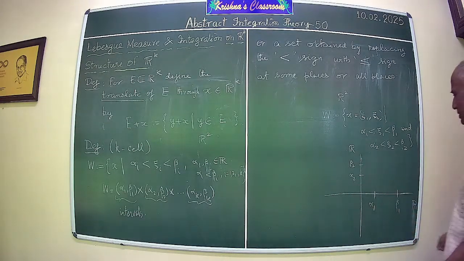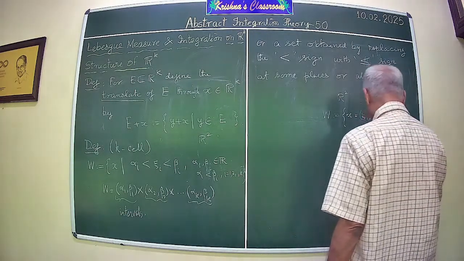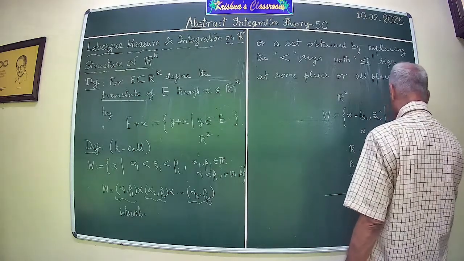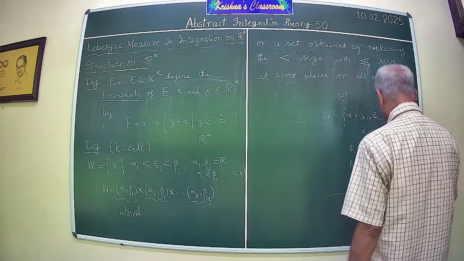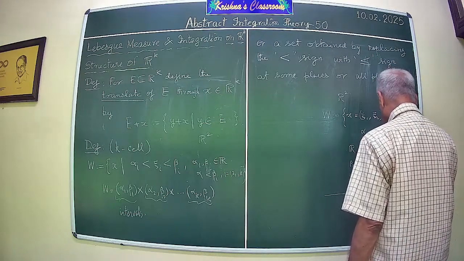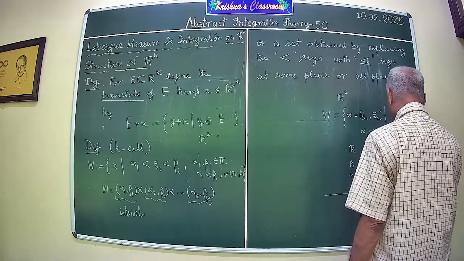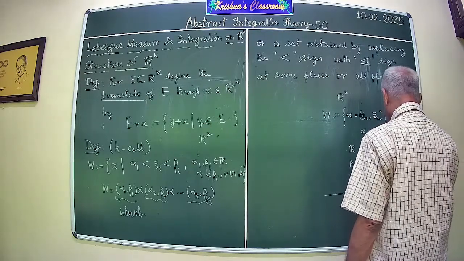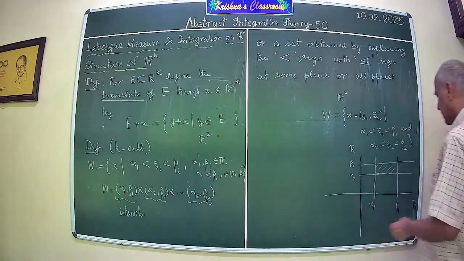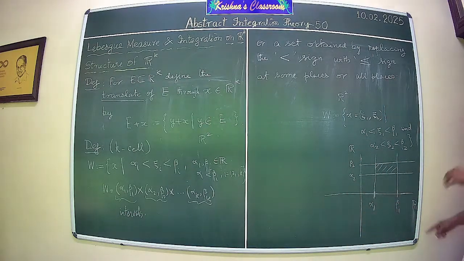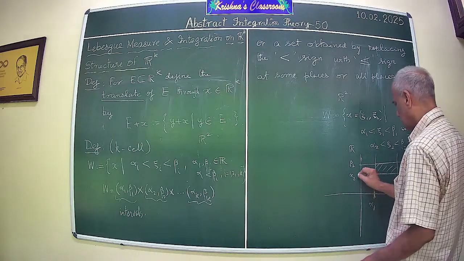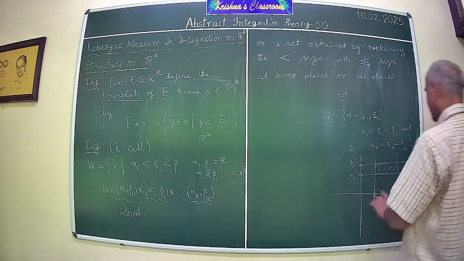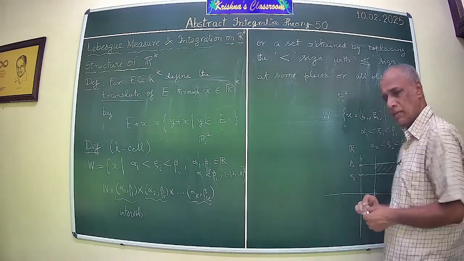I'm just giving a feeling for what it is. What we end up with is a rectangle. Since the boundary is excluded, we are only talking about the interior.